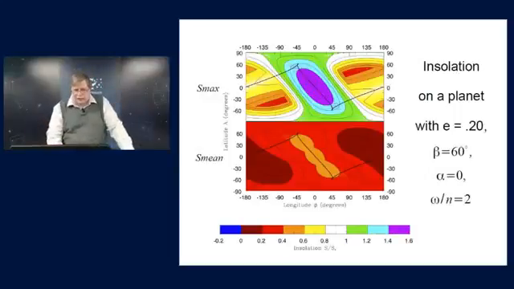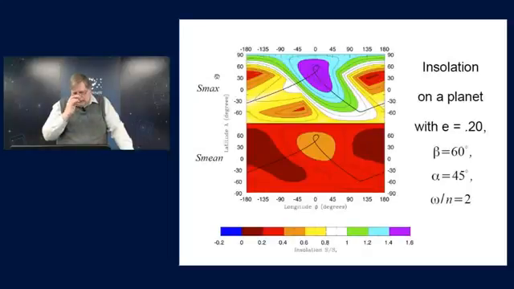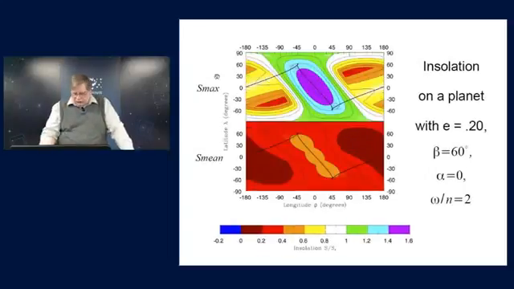So I haven't bothered to plot that, just the maximum and the minimum and the mean insolation. Now here's the track of the subsolar point. As you can see, it's traversing the entire planet from east to west, as a matter of fact, and the contours of illumination follow along accordingly.